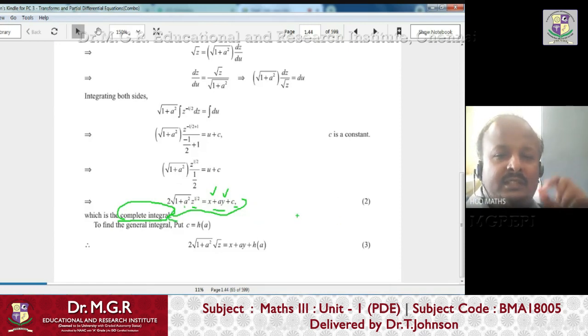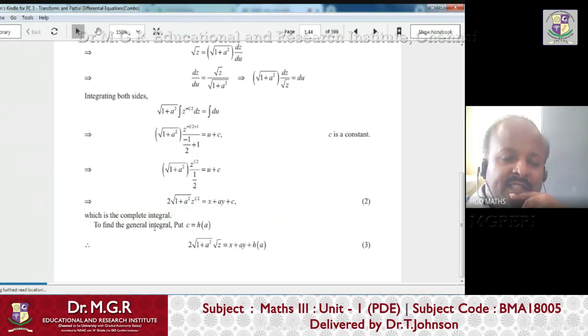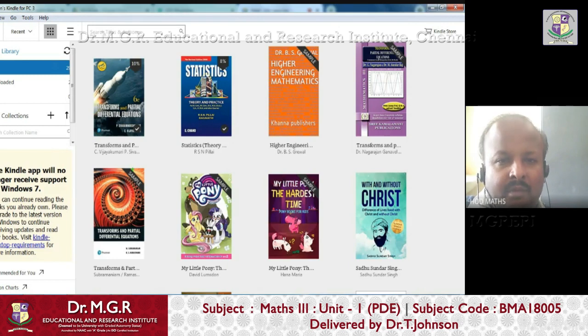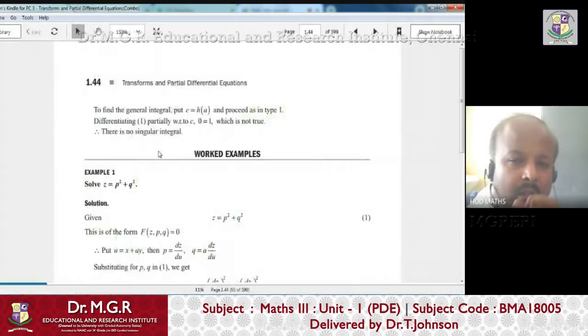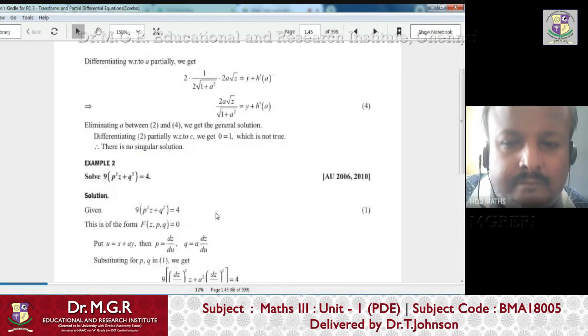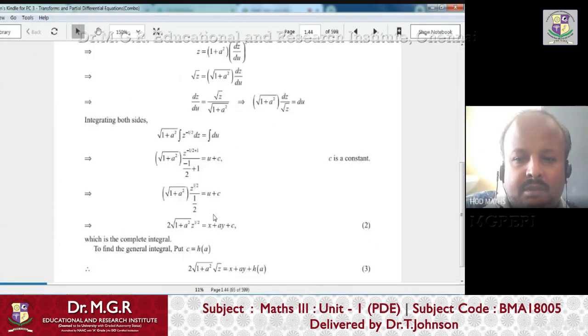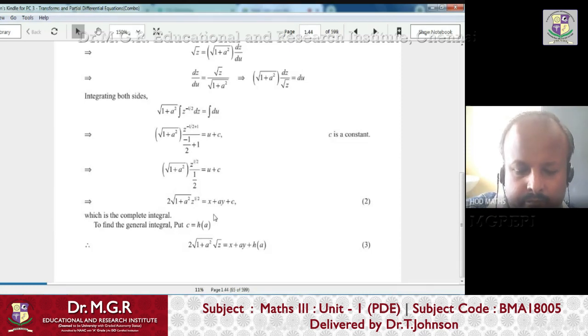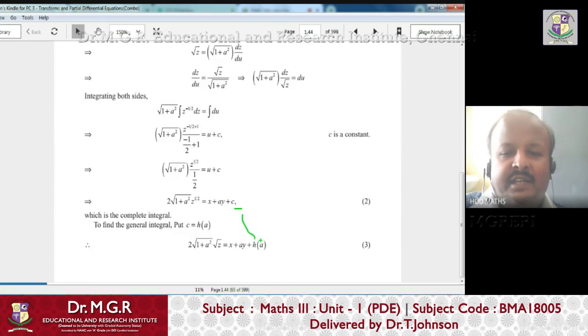Okay, so this solves the problem for complete solution. Now if you want to find the general solution of this, you have to follow the same procedure we followed in type 1. We have to put c equals to some function of a. So here they put c as h of a, h of a meaning some function of a.